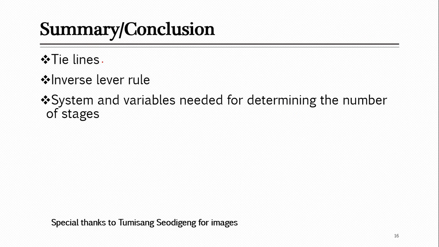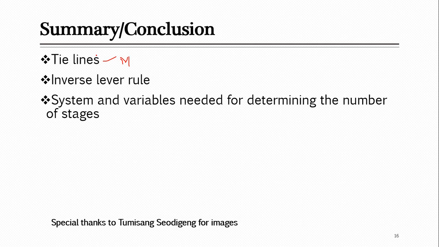What we have discussed: initially we started with the last lecture, which was about tie lines. We discussed how you have to draw the tie lines and how these tie lines are located inside the system, and if you have to draw some new tie line which passes through the mixture point M based on your feed and solvent, how you have to draw that tie line.